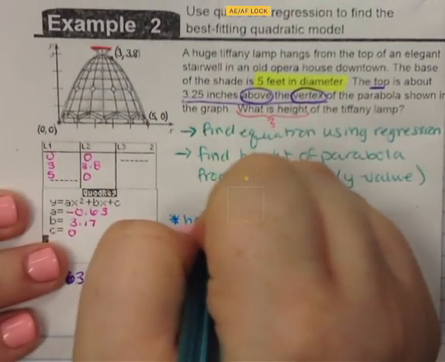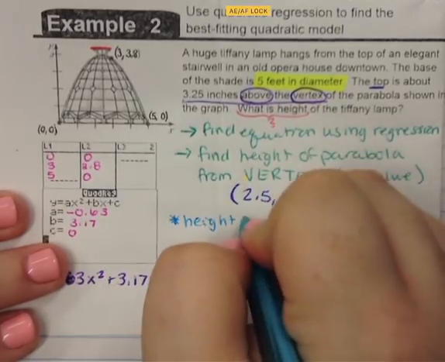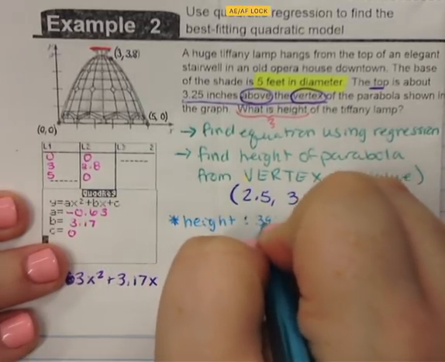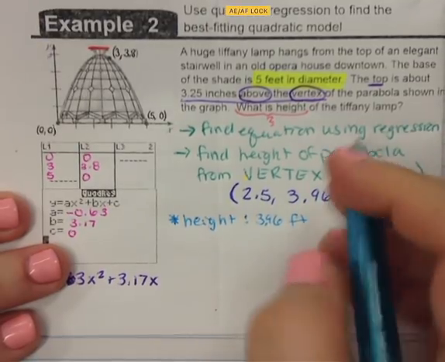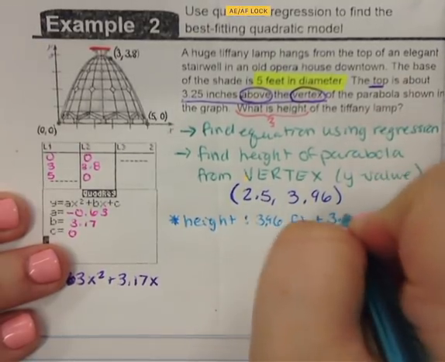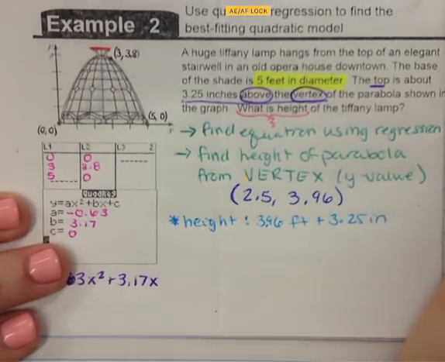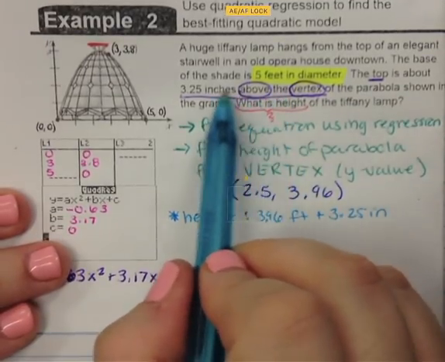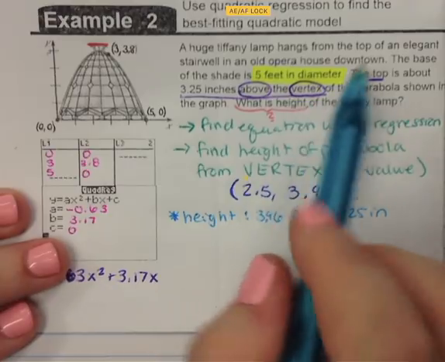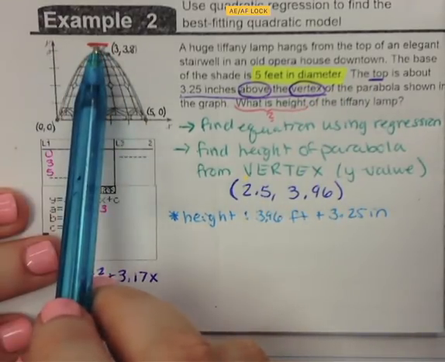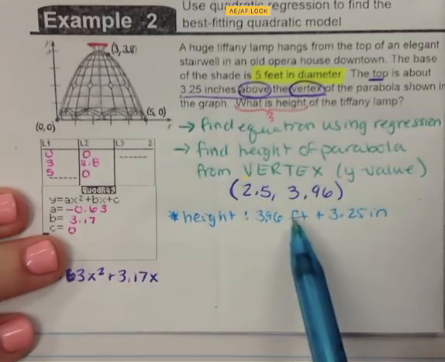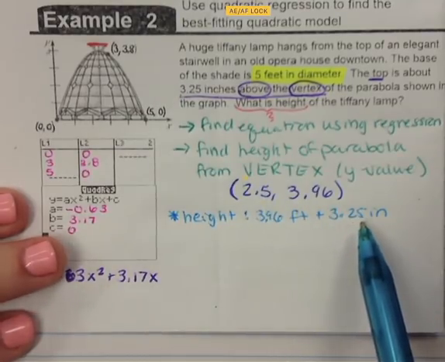Our height is actually 3 96 hundredths feet from our vertex plus our 3 1/4 inches, because that was 3 1/4 inches above the vertex. Because we can see that it's going to be slightly above 4 feet, I'm going to keep my units in feet. So I'm going to convert inches to feet.